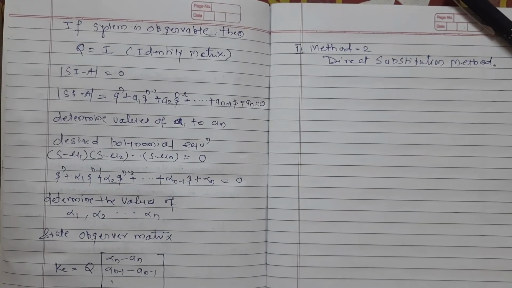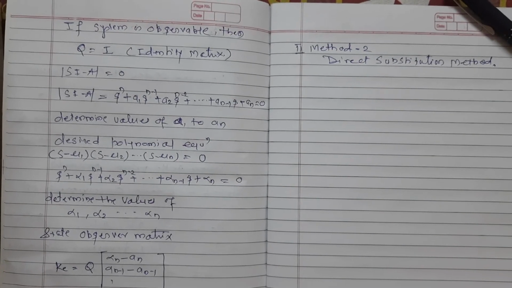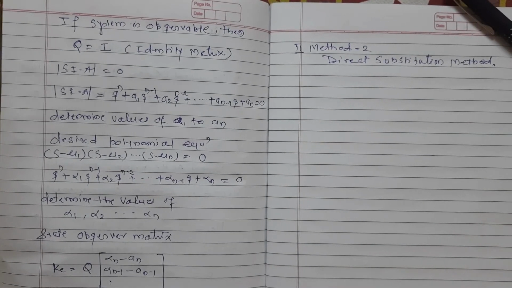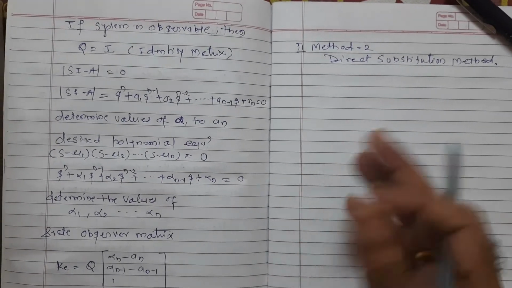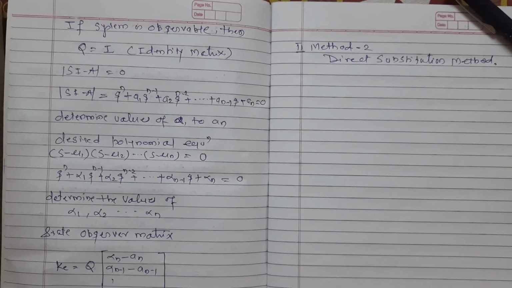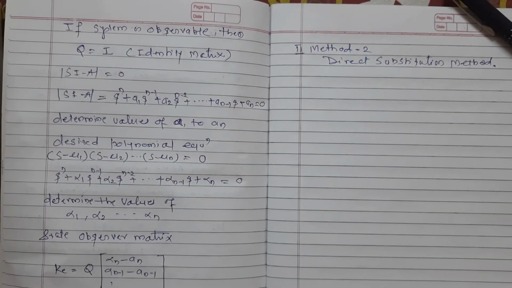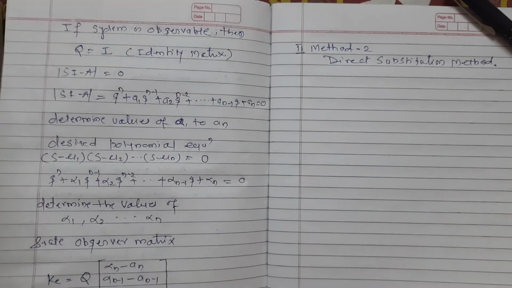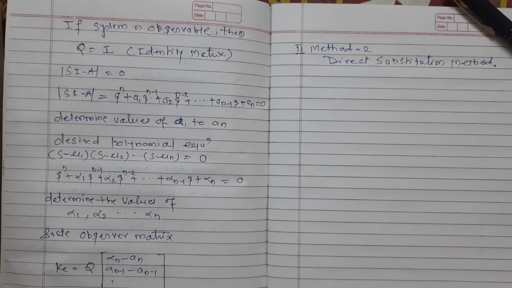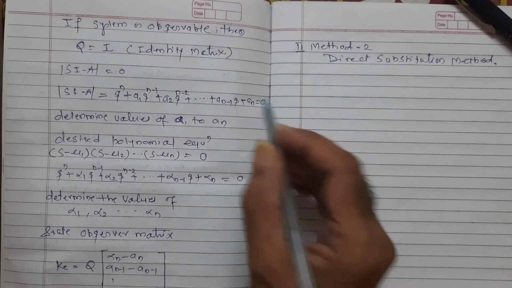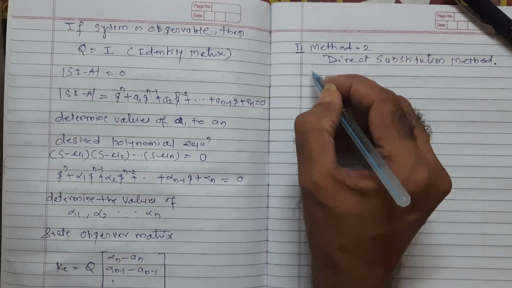In this one, we will put the values of Ke directly in the characteristic equation itself, and then we will equate it with the desired characteristic equation, and we will find out the values of the respective Ke.